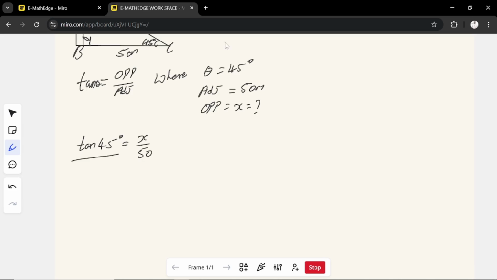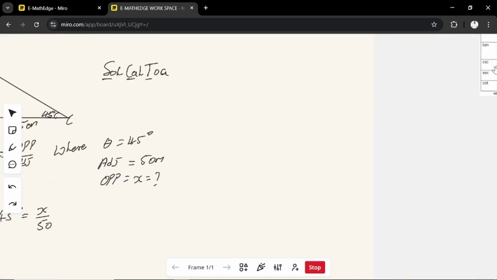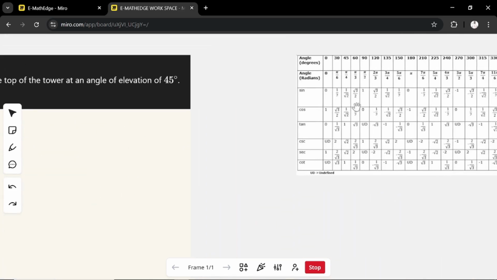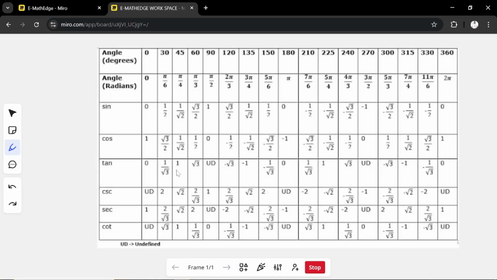So if you press your calculator for tan 45 here, we have it to be 1. Or better still, you can make use of your trigonometry table, which we have been using so far. You check for the corresponding angles in degrees. So this is the trigonometry table. If you observe the tan row, which is this, at 45 degrees, which is this, we have it to be 1.